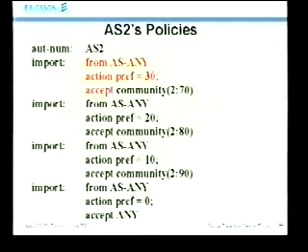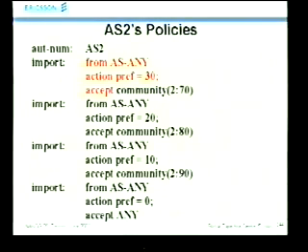These are AS2's policies. From AS any, action pref equals 30, except community 2:70. Here is the action statement terminated by a semicolon. We're setting a preference value of 30 for routes with this community 2:70. From anywhere we accept route import from AS-any, action pref equals 20, except community 2:80.